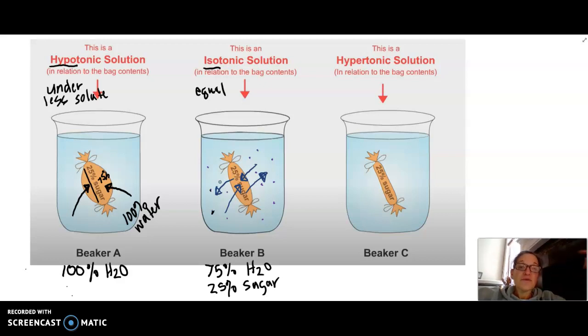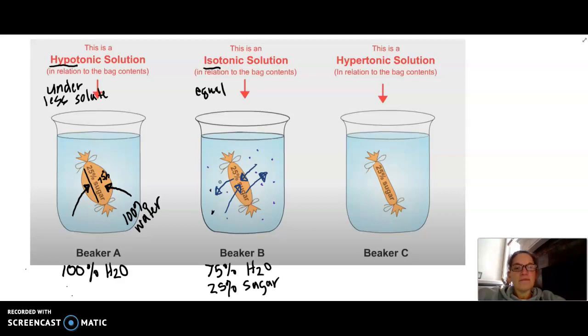And so what you have to do is you have to look at the amounts. And you can determine about what the concentration is based on the fact that in our lab, when I put the egg into pure water, it gained about 30% volume. However, when I put it in a 10% solution, it lost close to 7% volume. Well, 7 is going to be closer to 0 than 30.